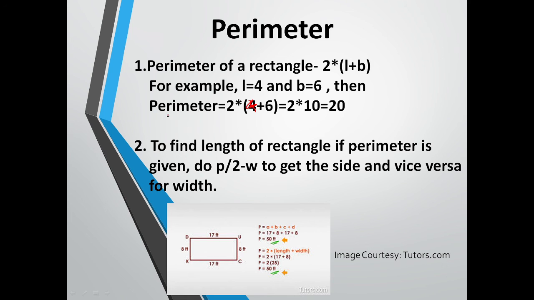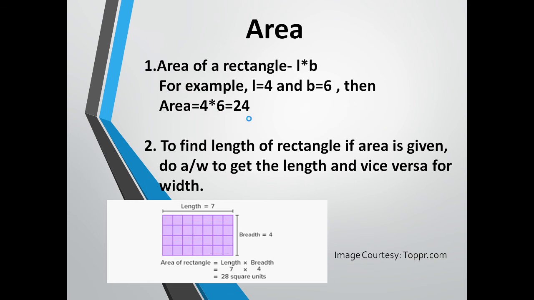So it will be 2 into (L plus 6) equals 20, and again it is a derivative. First we'll transpose 2 to the other side, and it becomes 20 by 2, which is 10. Then we'll transpose 6 to the other side. Plus becomes minus, so it will be 10 minus 6, and then we get 4 as the length.